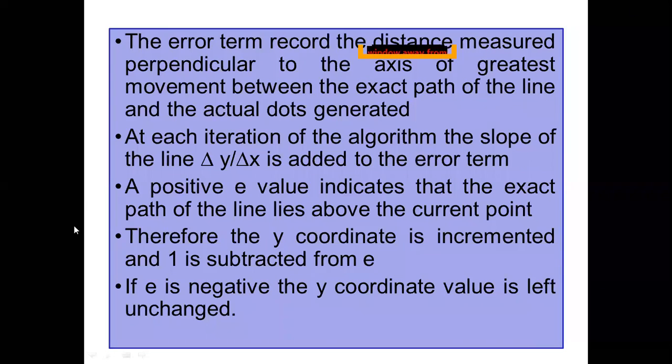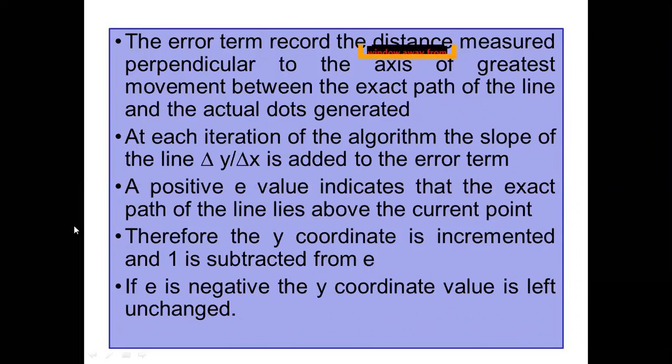So this is the procedure. For a positive E value, we will add the particular value delta y over delta x. This is called the error term, and this is equal to E. E is equal to delta y over delta x, and we will add this term to the value of x as well as to the value of y, and we will check whether we are getting the value positive or negative.